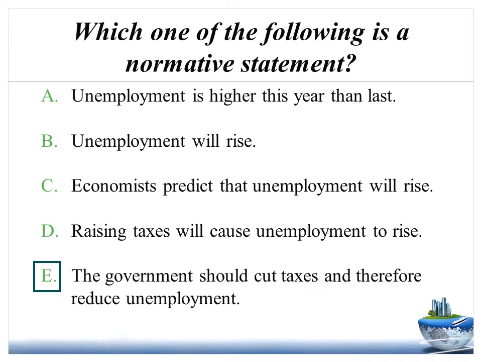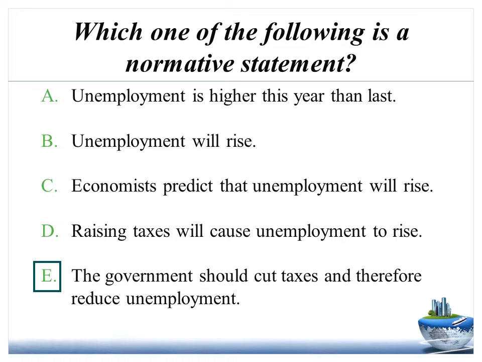I have more examples for you. Which one of the following is the normative statement? A. Unemployment is higher this year than last year. B. Unemployment will rise. C. Economists predict that unemployment will rise. D. Raising taxes will cause unemployment to rise.